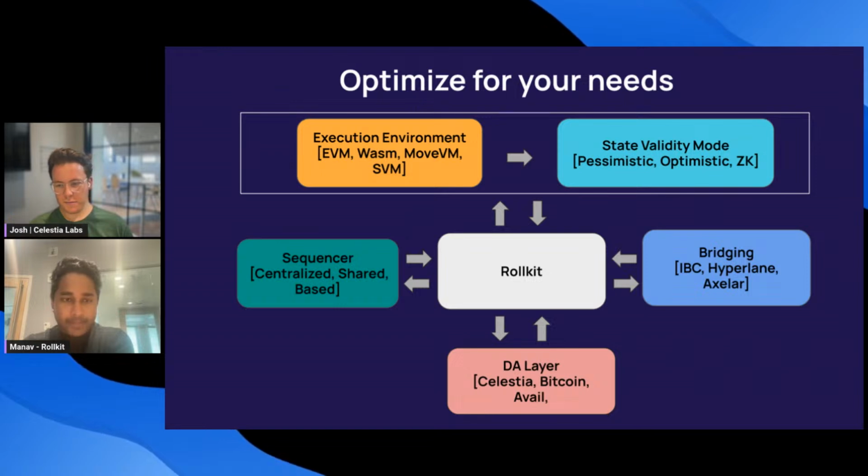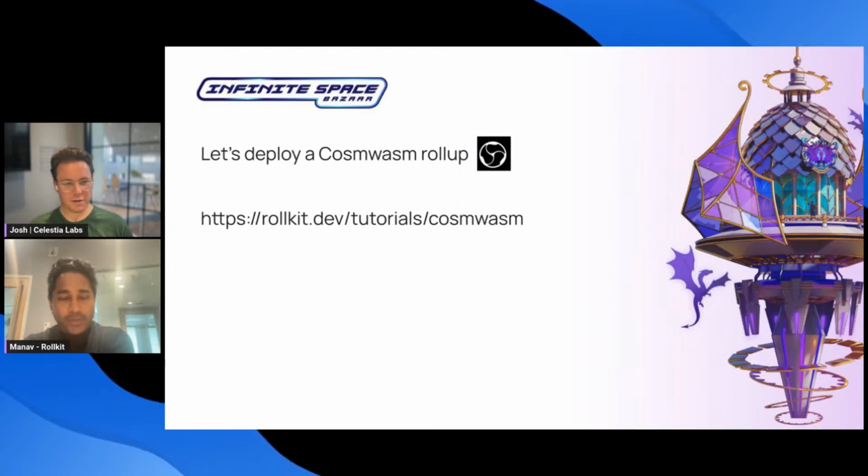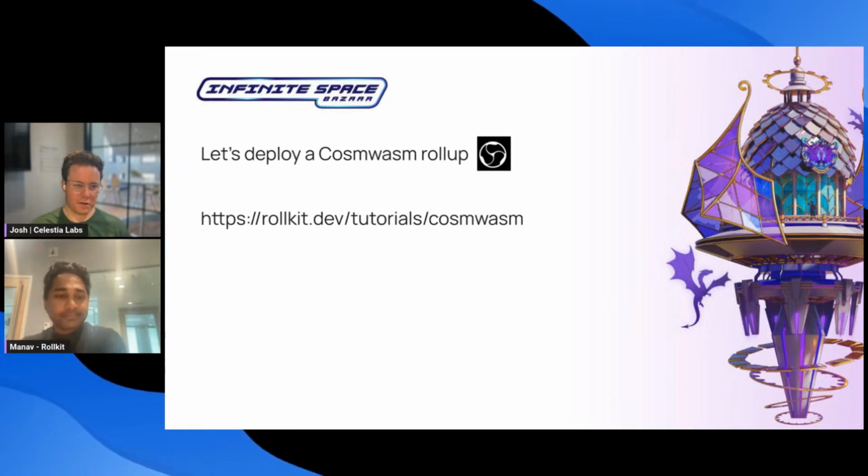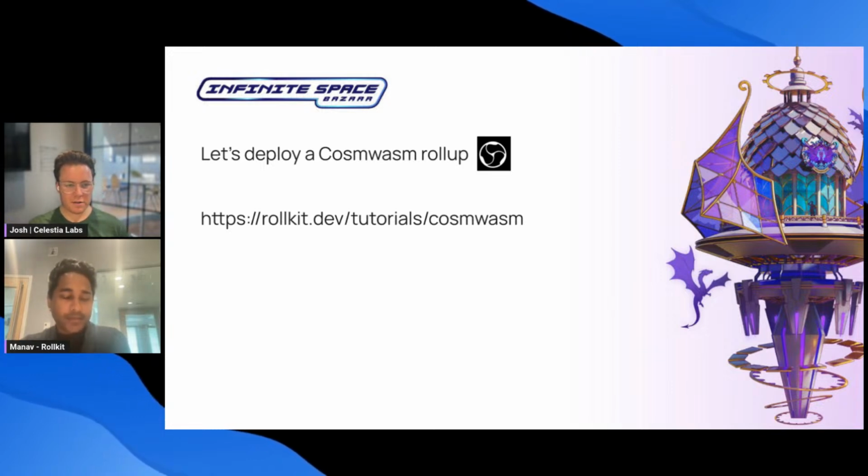To get my understanding straight, you could also take something like Osmosis, just as an example, and turn that into a rollup using Rollkit, right? So it works with existing Cosmos SDK chains, or if you build a Cosmos SDK chain, you could use Rollkit as basically the consensus mechanism. Exactly.